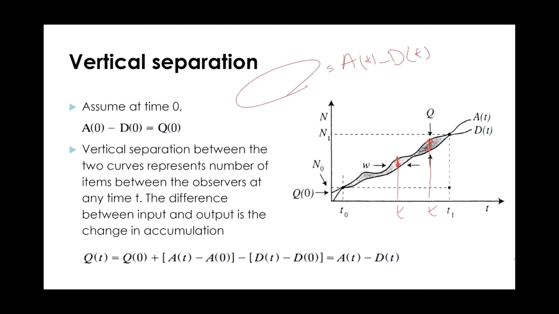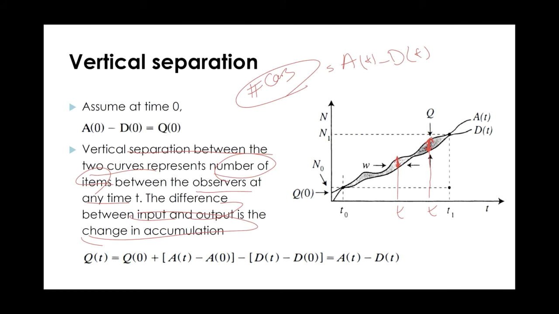So that is basically the number of cars in the system at that specific time, whether it's a queue or a lineup behind the signal or anything, that would give me the total number of cars waiting to depart. So the vertical separation between the two curves represents the number of vehicles between the observers at any time t. The difference between input and output is actually the change in the accumulation.